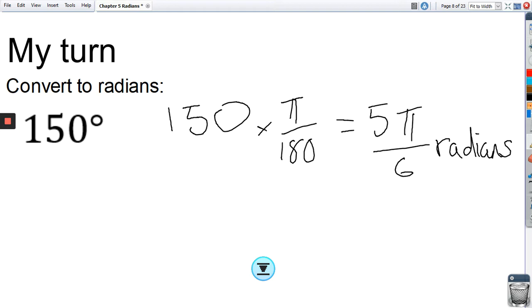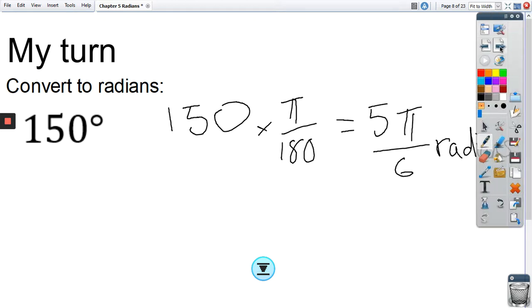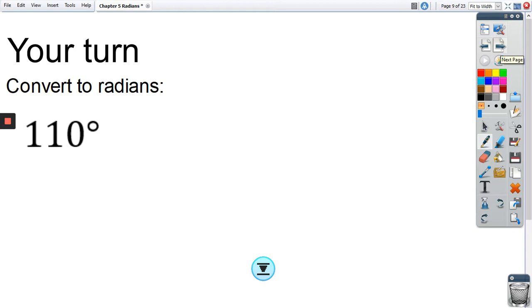Right. What I want you to do now is have a go at an example. Could you have a go at converting 110 degrees into radians, please? Off we go.